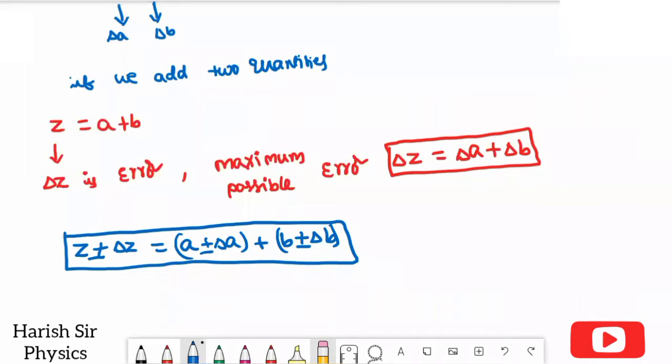Z is the true value with error delta Z, A and B are the true values, and delta A and delta B are the errors.